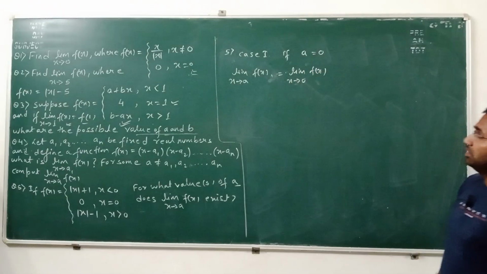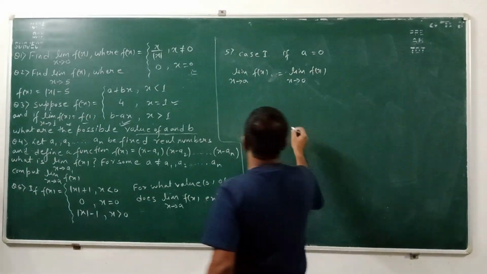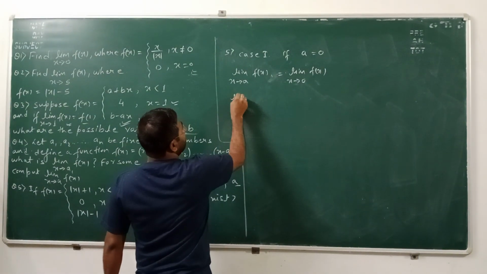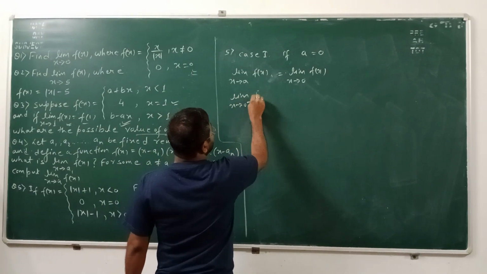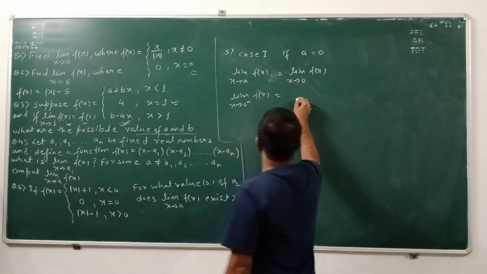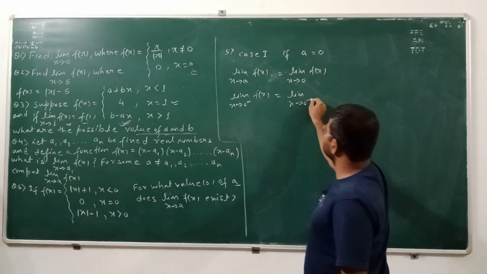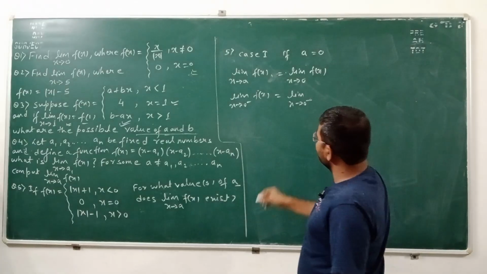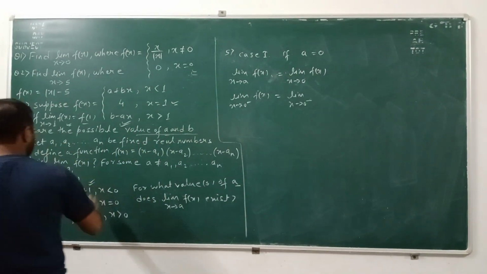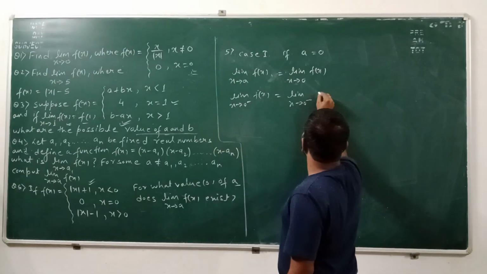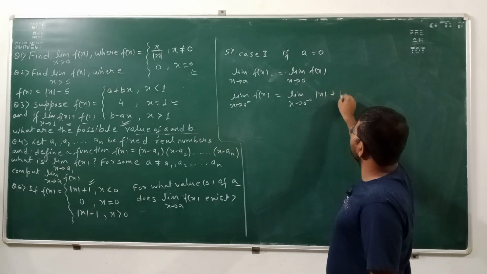Okay, now here we have to check the 0 minus and 0 plus values. Then the limit as x tends to 0 minus of f(x): when x tends to 0 minus, it means less than 0, so you will consider mod of x plus 1.